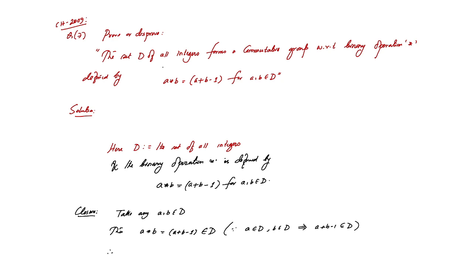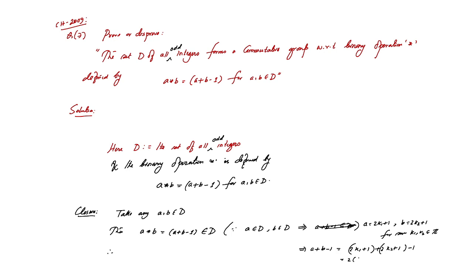Sorry, here the question was that D is the set of all odd integers. So we check A belongs to D, B belongs to D. That means A is odd, A equals 2k1 plus 1, and B is also of the form 2k2 plus 1, for some k1, k2 belonging to Z. In that case, A plus B minus 1 will be 2k1 plus 1 plus 2k2 plus 1 minus 1.